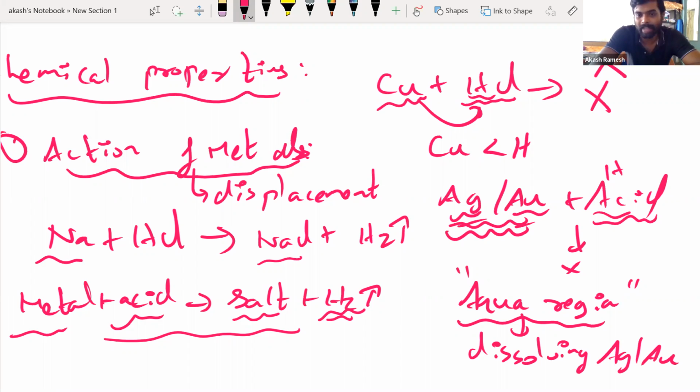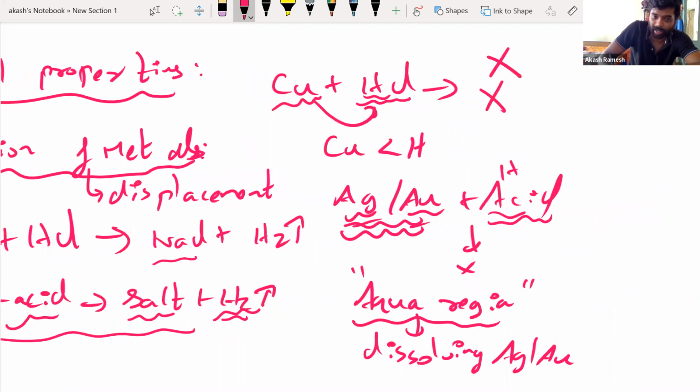Now what is this aqua regia? Aqua regia is nothing but a combination of acids.